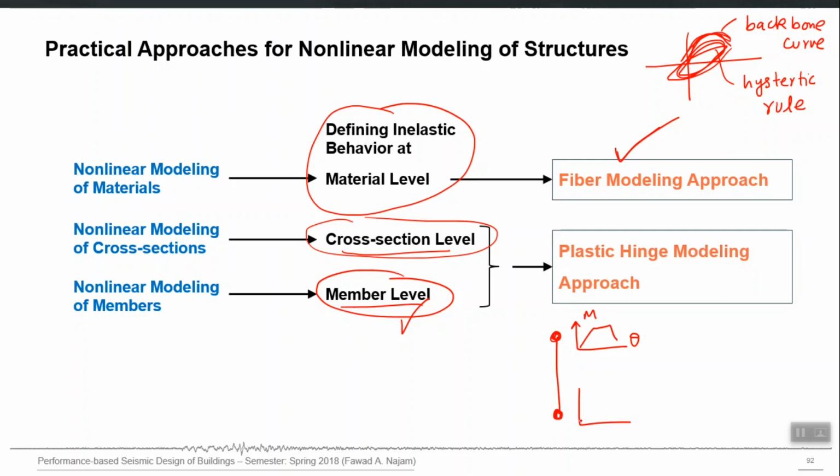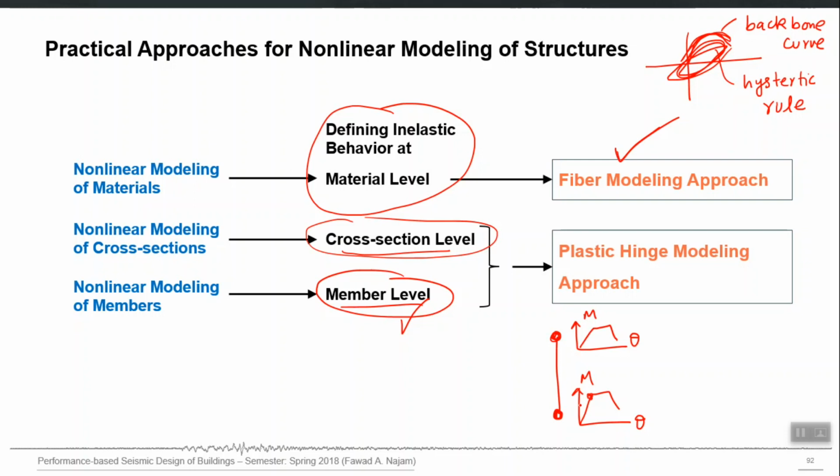Here and here also nonlinear behavior. So this yield point, when I define it, automatically accounts for the effect of cracking, yielding and everything. All the material failure is implicitly accounted for in that yield point, because that yield point is a function of Fc prime, Fy, the amount of steel and everything, right?